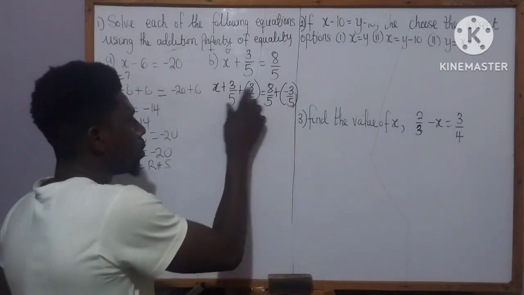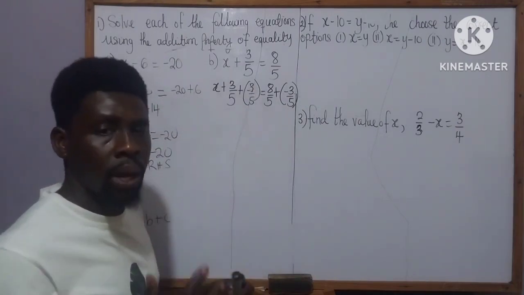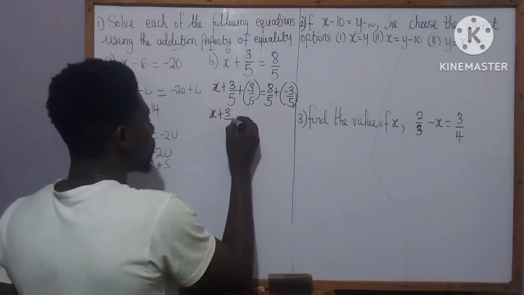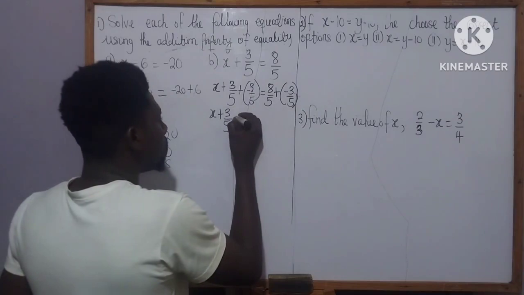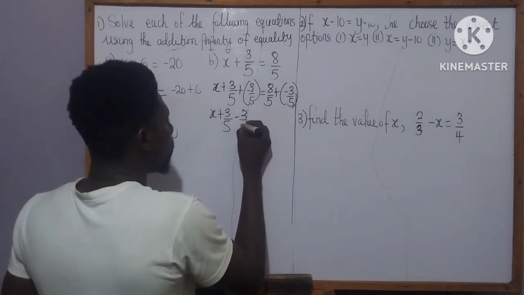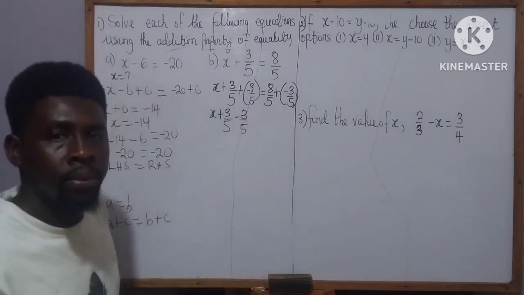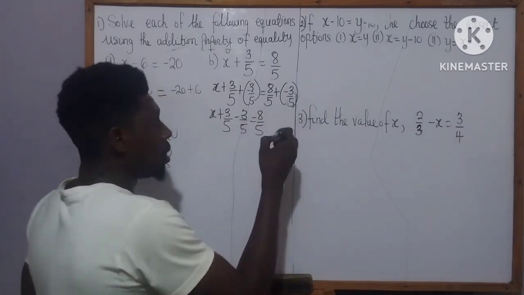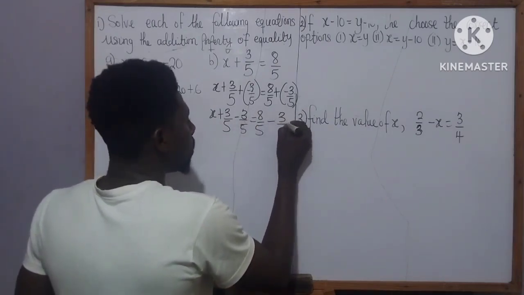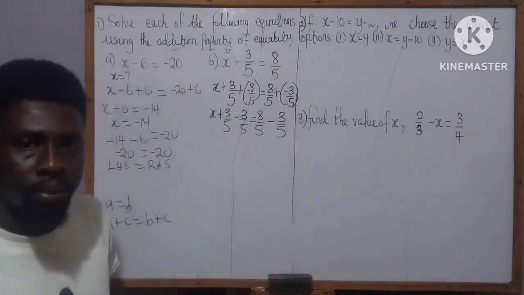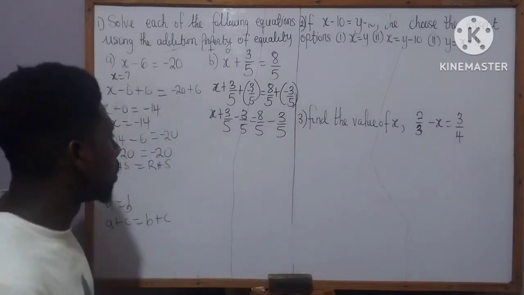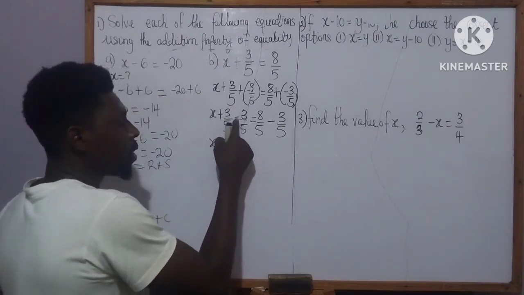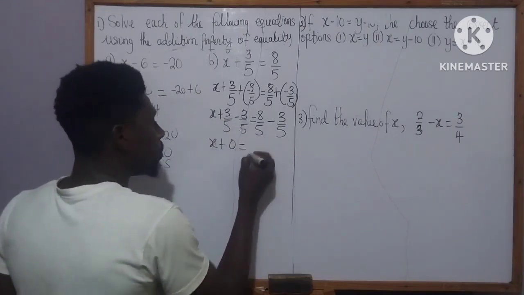So what do we do? We eliminate the brackets, then we add to get our answer. So x plus 3 over 5, eliminating the bracket gives me minus 3 over 5. Do the same, 8 over 5, eliminating the bracket gives me minus 3 over 5. Alright, so x plus 3 over 5 minus 3 over 5 gives me x.